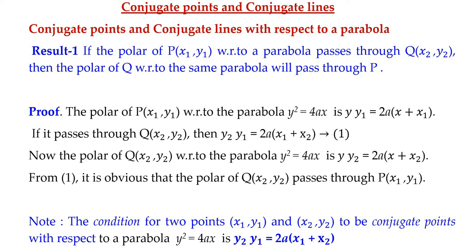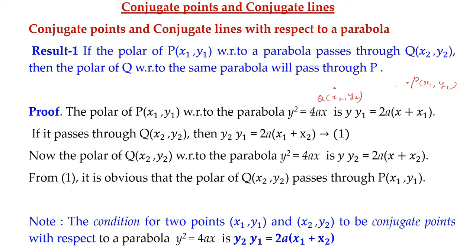a point Q of x2, y2, then the polar of Q with respect to the same parabola will pass through P. So if we have 2 points, we consider P of x1, y1, that is 1 point, and we consider another point, say Q of x2, y2.